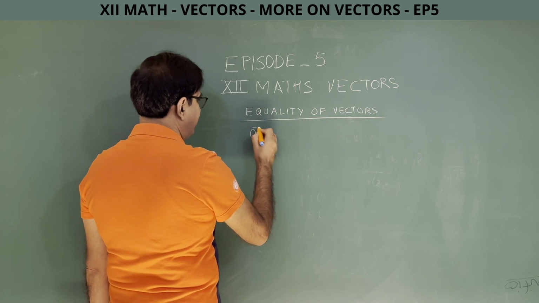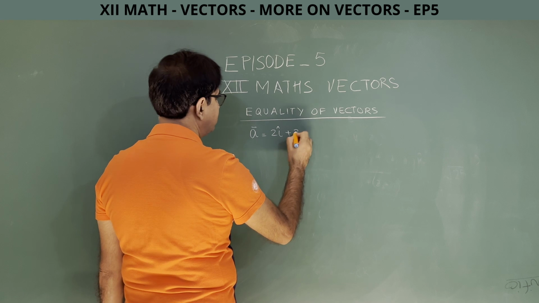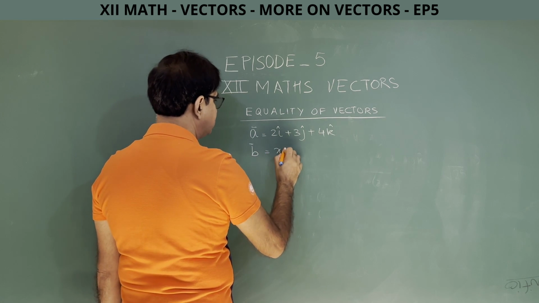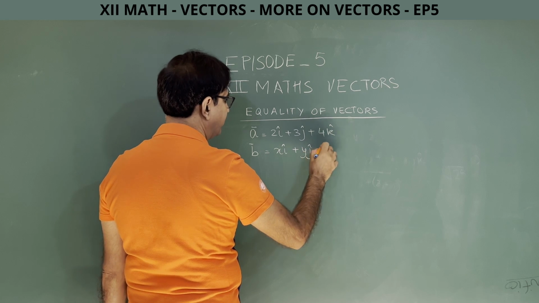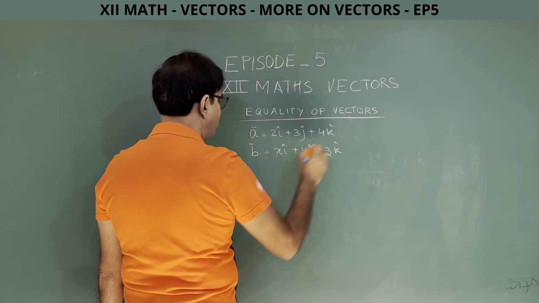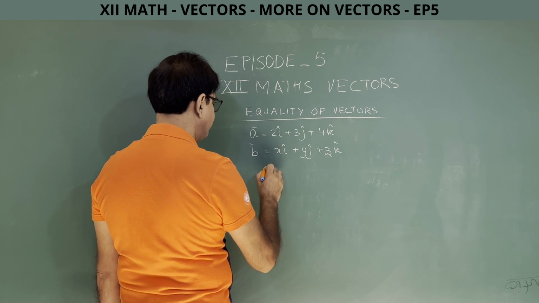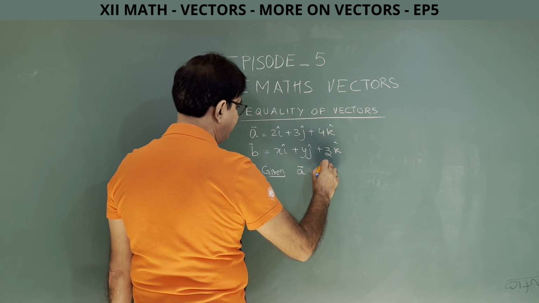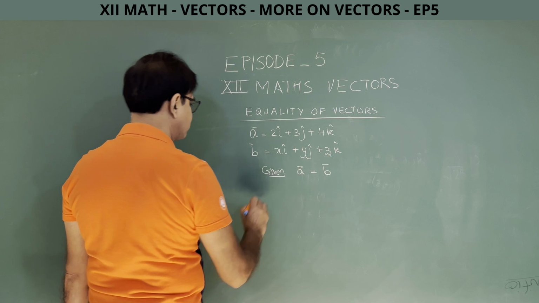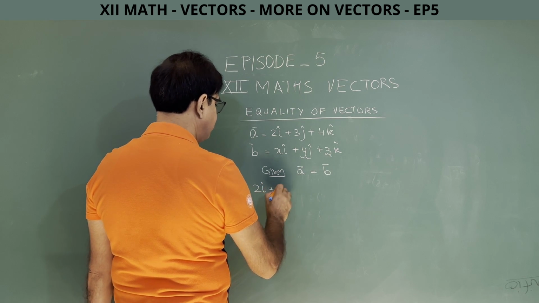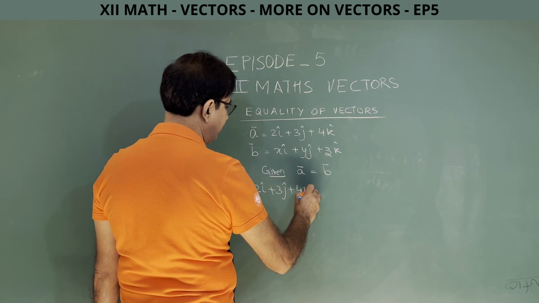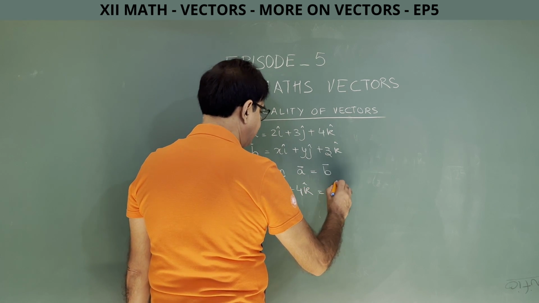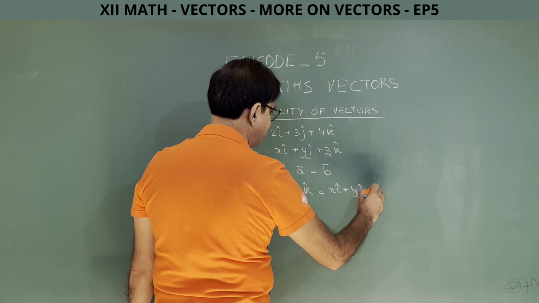if vectors are expressed, say 2i plus 3j plus 4k, and there is another vector xi plus yj plus zk. Now it is given to you, vector A is equal to vector B. Find the values of x, y and z. 2i plus 3j plus 4k, this is vector A. Every vector is being expressed in terms of i, j and k, and this is equal to vector B, xi plus yj plus zk.